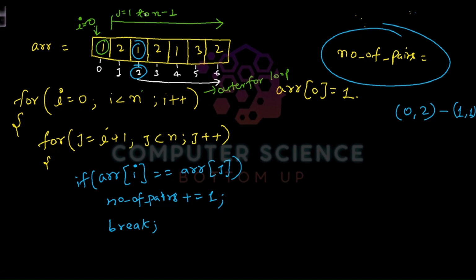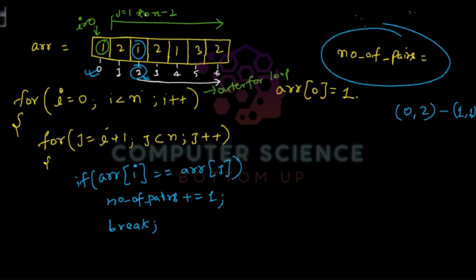Any index is going to be involved in a pair with only one other sock. If index 0 is involved in a pair with index 2, then you should break. Don't confuse yourself by thinking that if I go further, I will make another pair, 0 and 4. That is faulty reasoning.